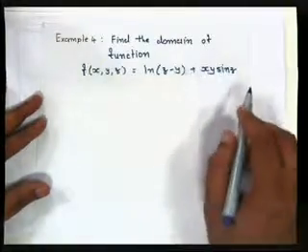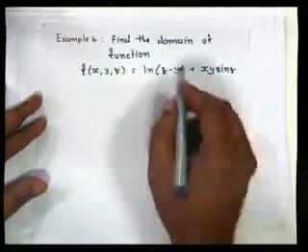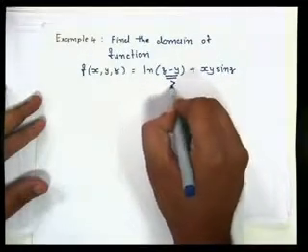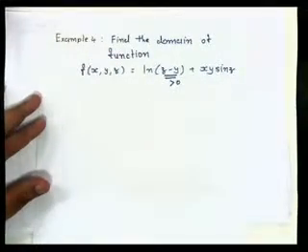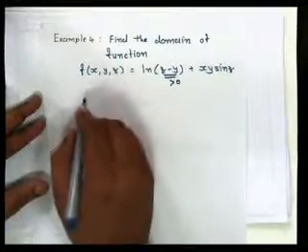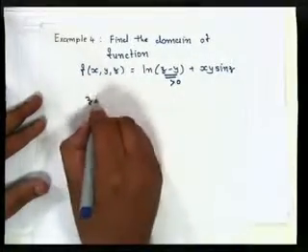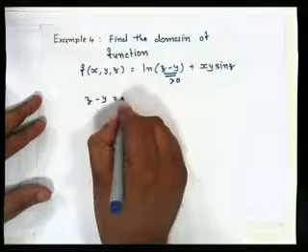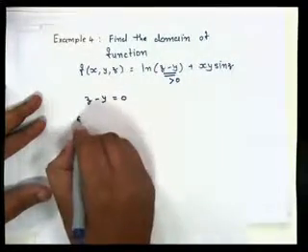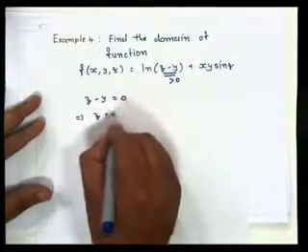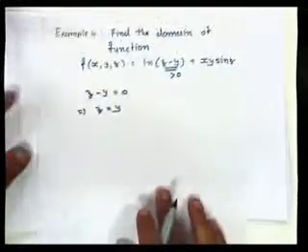Now this function makes sense if this quantity is strictly greater than 0, right. It means that we have to trace the surface z minus y is equal to 0, right. So this implies z is equal to y. Now this is one equation in 3 dimensions. So one equation in 3 dimensions represents a surface, right.